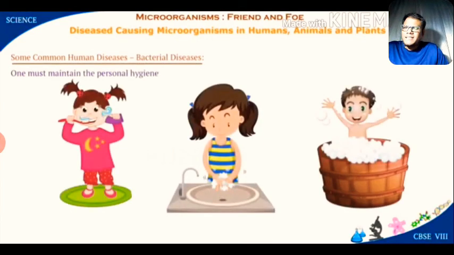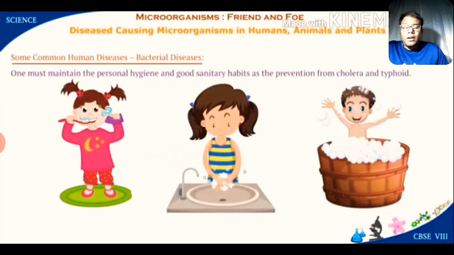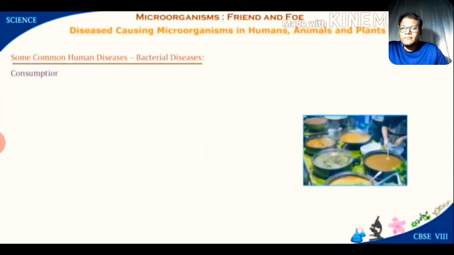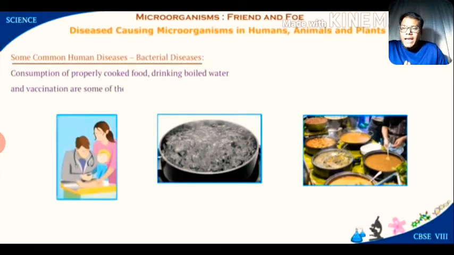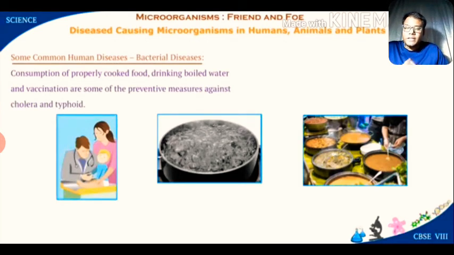One must maintain personal hygiene and good sanitary habits as prevention from cholera and typhoid. Consumption of properly cooked food, drinking boiled water, and vaccinations are some of the preventive measures against cholera and typhoid.